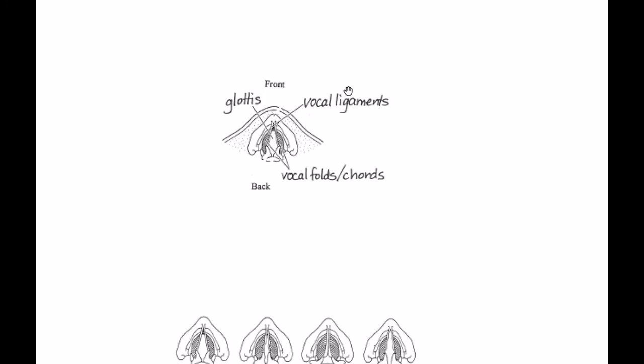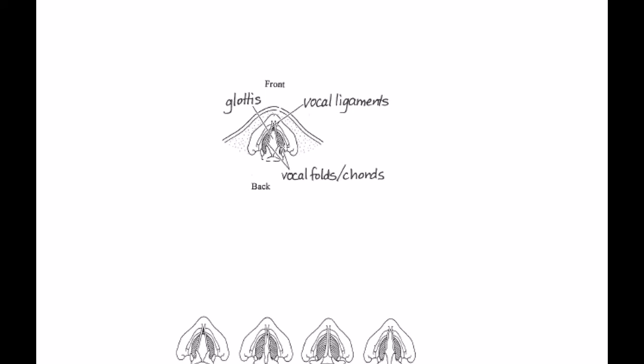The glottis, as I mentioned before, is the hole between the two sheets of vocal cords or vocal folds. There are two names for the things that vibrate. Sometimes they're called vocal folds, sometimes they're called vocal cords. So we've got these two sheets of muscles, and then between them we have a hole, which is called the glottis.